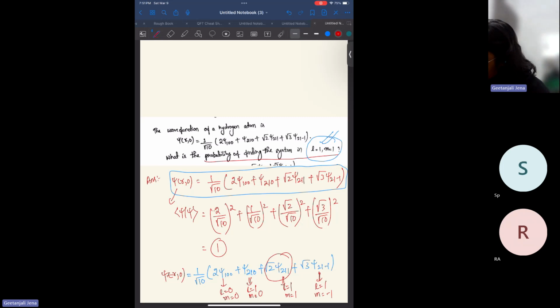So the probability is nothing but the coefficient squared.